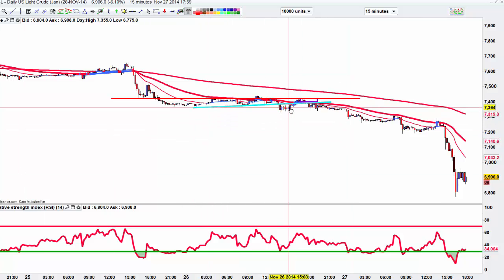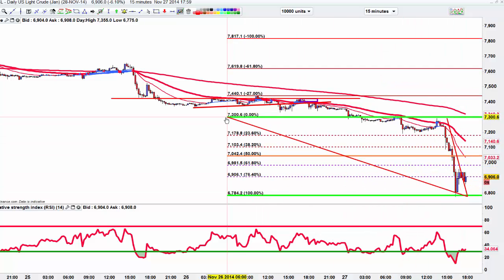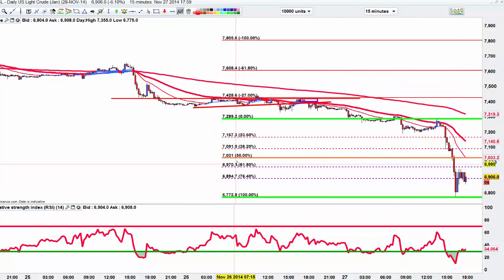I was buying longs here, but got out with a small profit. So, fib today's move.